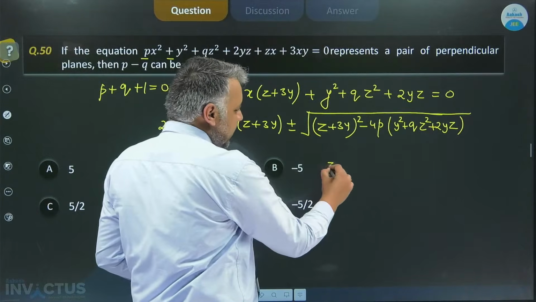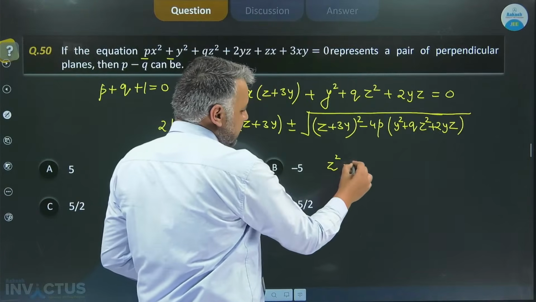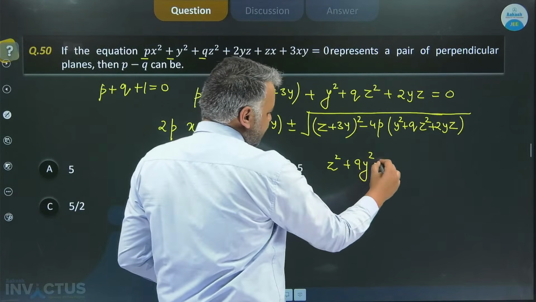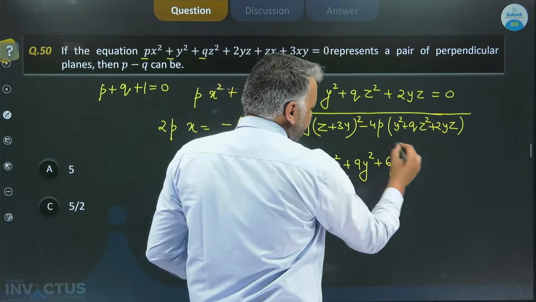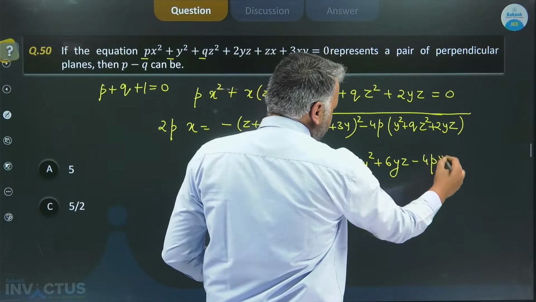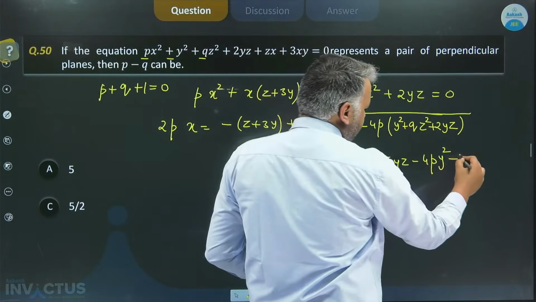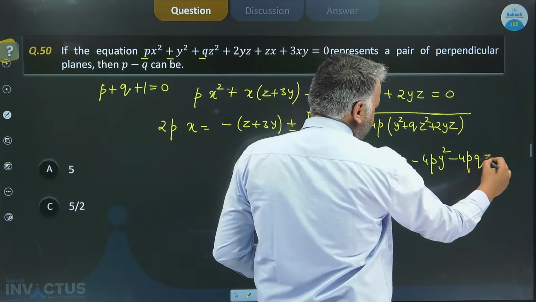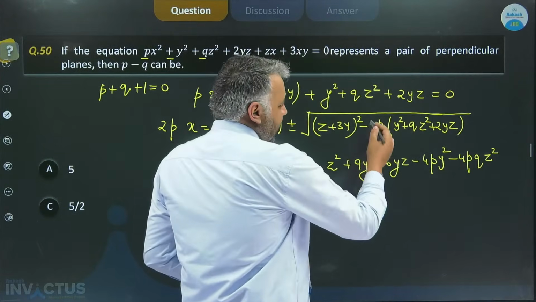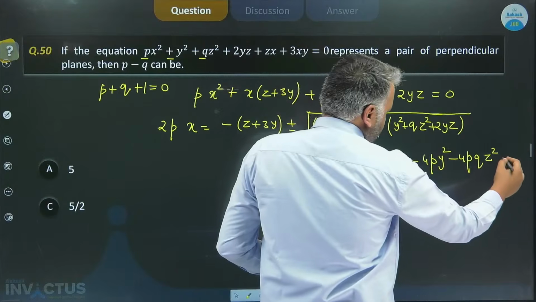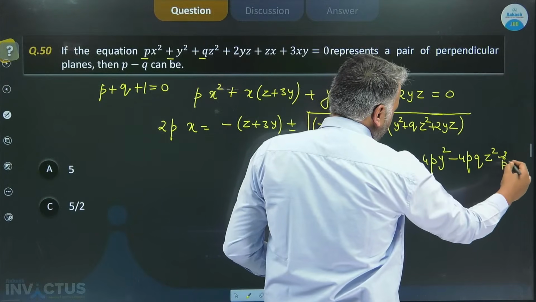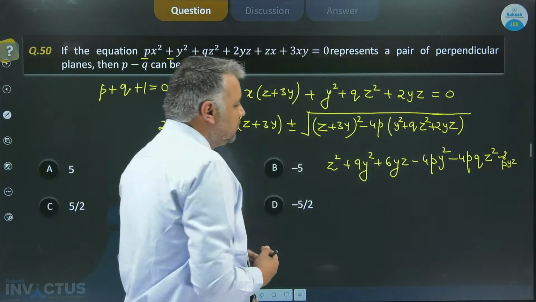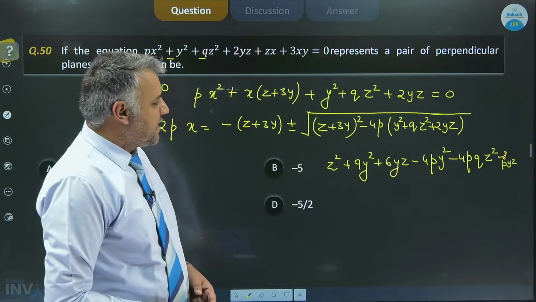We will get z square plus 9y square plus 6yz minus 4p y square minus 4pq z square minus 8p yz. We get this expression.